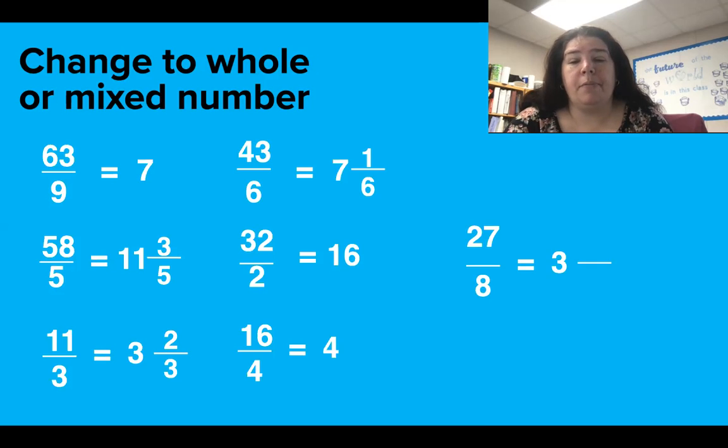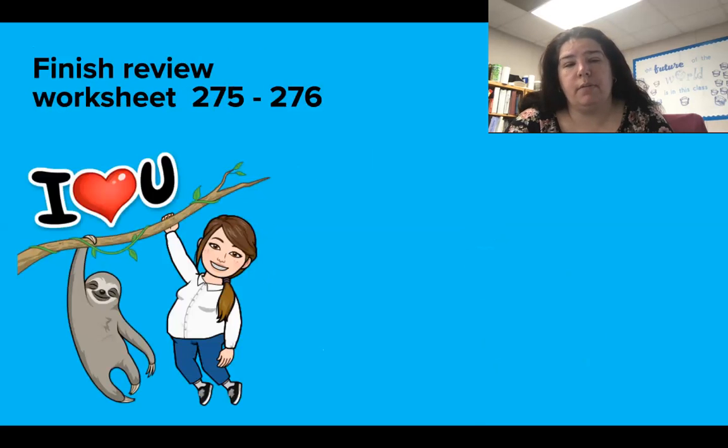Good. 3. And how many left over? Good. 3. And what's my denominator? 8. Awesome. Last one. 71 over 7. 10. And how many are left over? 1/7. Very, very nice. We are going to finish your review sheet, boys and girls, page 275 and 276.